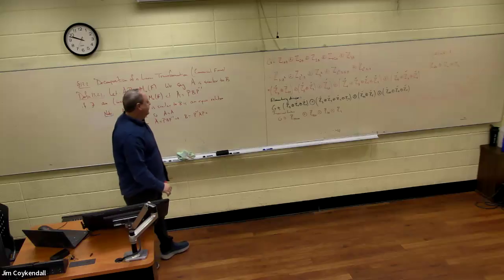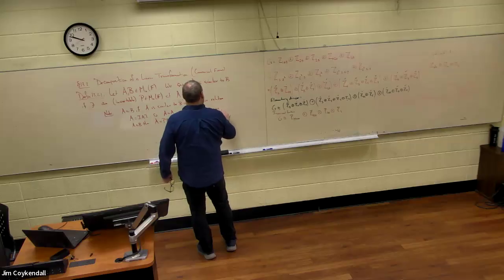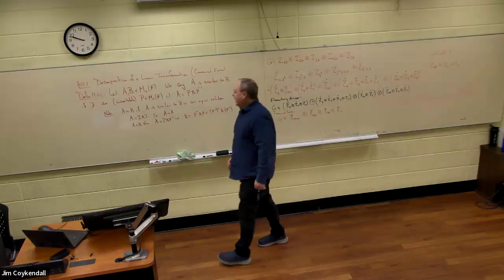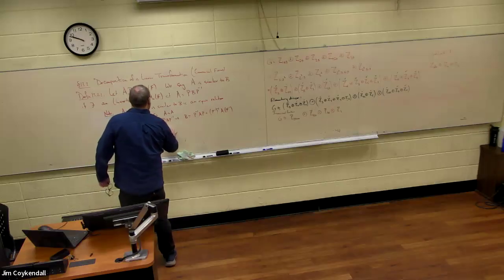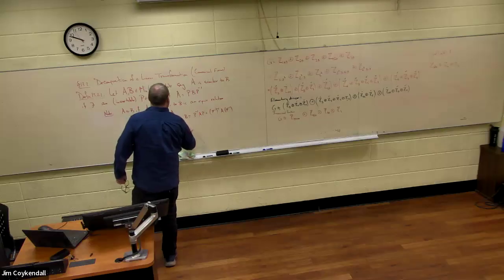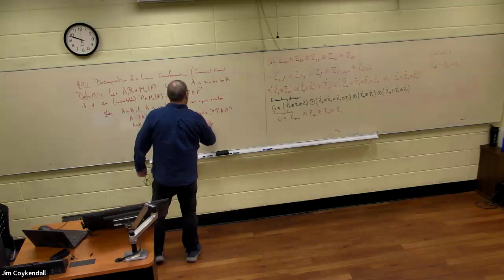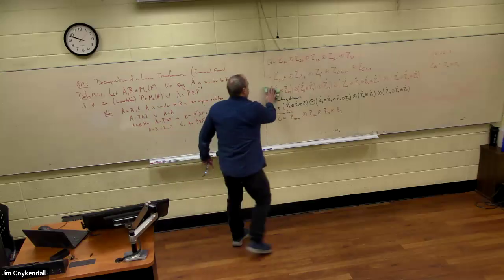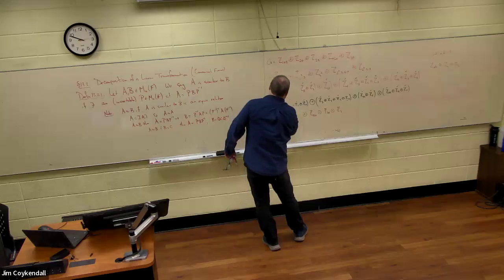And this is why the inverse sign doesn't make any difference. And if A is similar to B and B is similar to C, then A equals PBP inverse and B equals QCQ inverse, where again I'm just using the notation suggestively. The Q is also an invertible matrix.